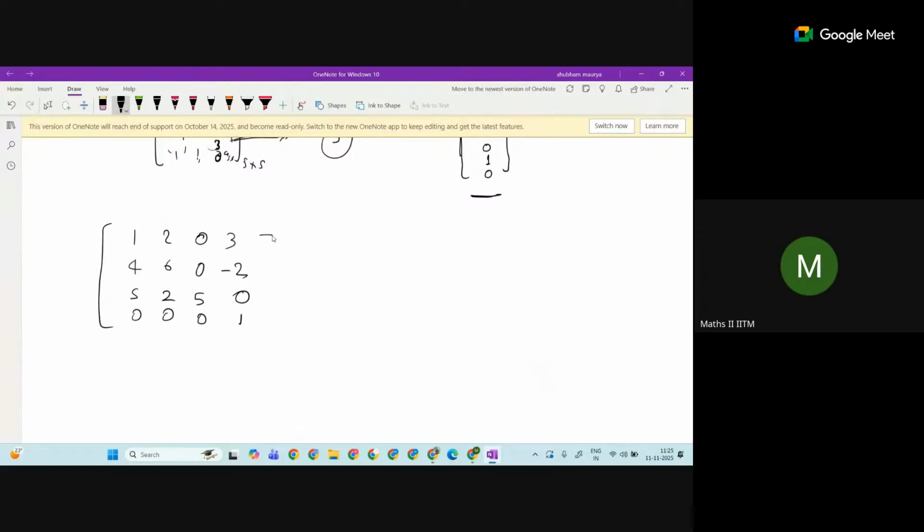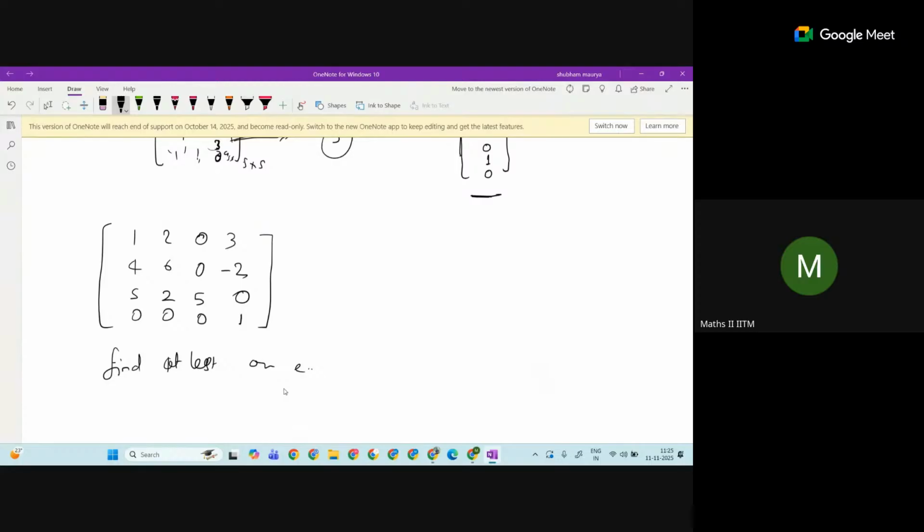And the question is asked, find at least one eigenvalue and one eigenvector.